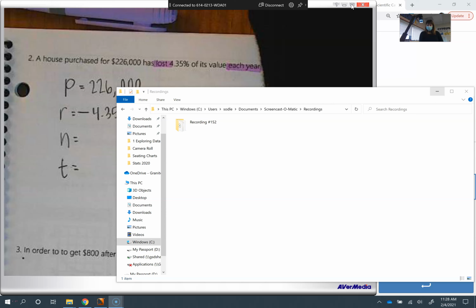Capital P, parenthesis, 1 plus R is negative 0.0435. Make sure you get that negative on there.